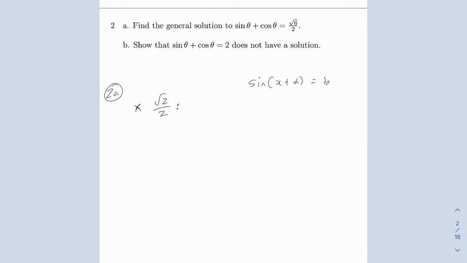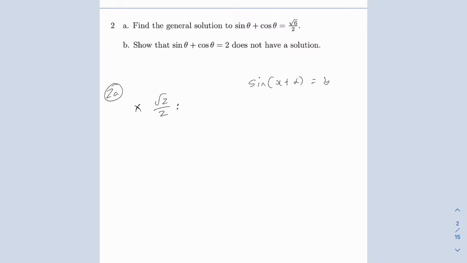And I say that because once we times by square root of 2 over 2, we'll be able to put it in the form of the special angles, the special triangles even. And that's going to allow us to solve this much better. Okay, so let's give it a go.